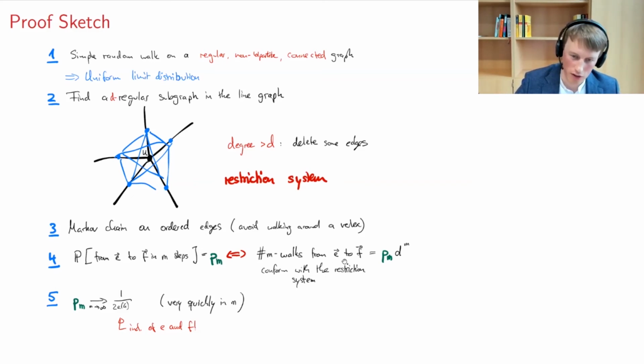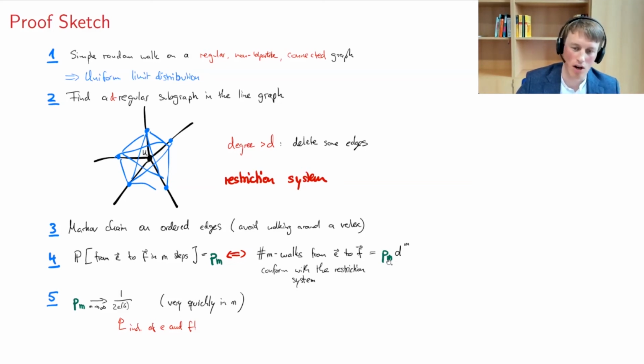This is equivalent to saying the number of walks you can go in your graph from E to F that conform with this restriction system, so which don't use forbidden edges we deleted in the line graph, is just this regularity, or this degree d of each subgraph, to the m, the number of steps, times the probability.